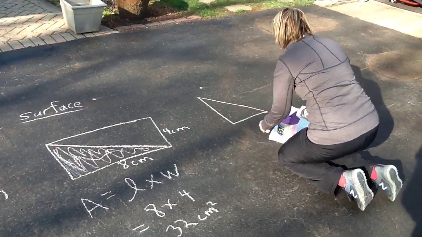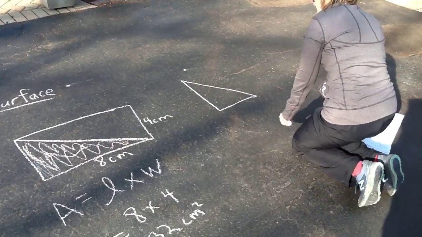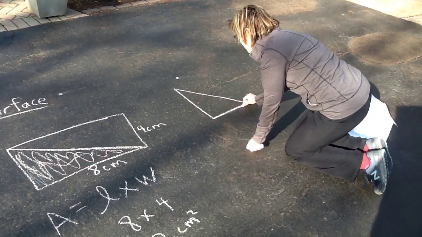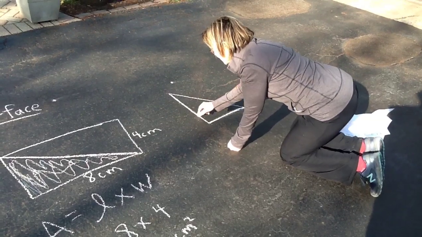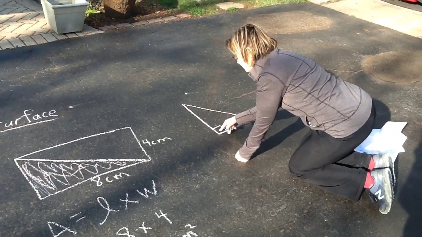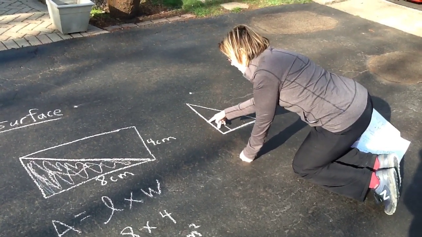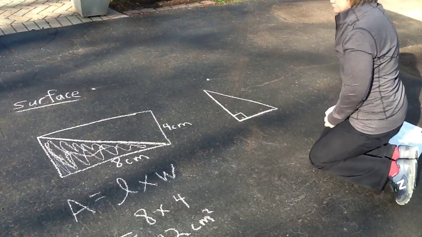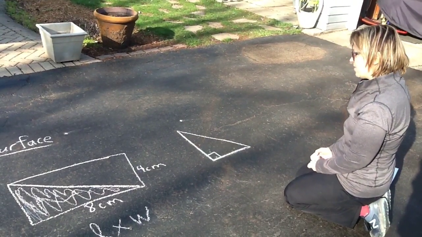So here's my triangle, and we call this the base, and we call this the height. The height to the base always has to form a right angle. That's a 90-degree angle.